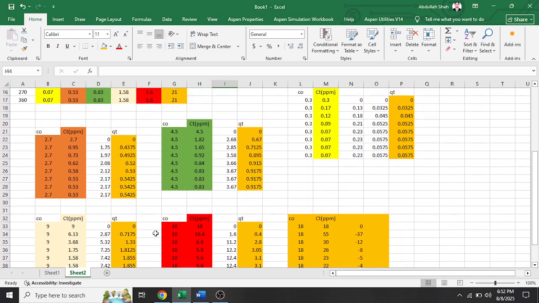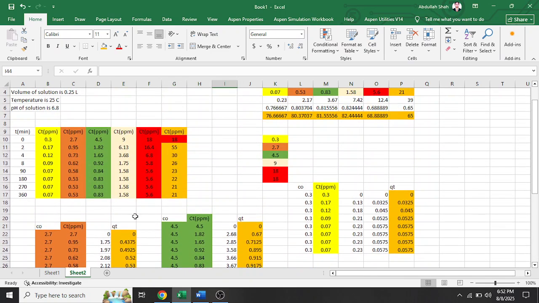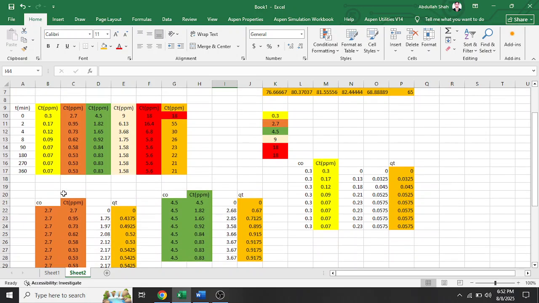Here you can see the Ce values. From this experiment, these are the Ce values. So we will use 5 experiments.